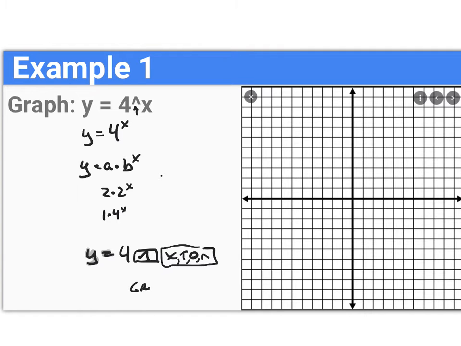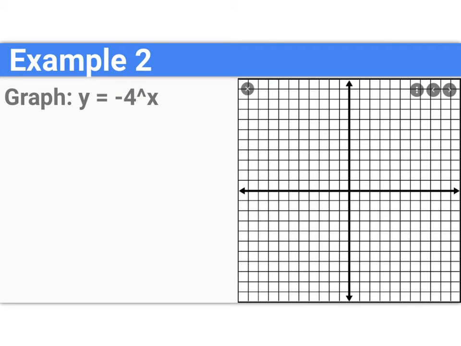Then I hit graph. And what I got was, most of your exponential functions will go through the point 0, 1, because anything raised to the 0 power is 1. And your curve looks something like that.